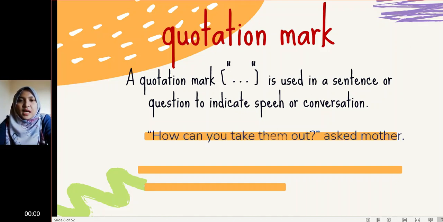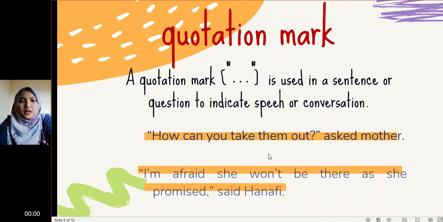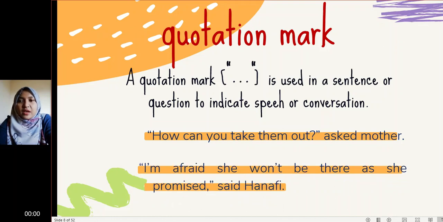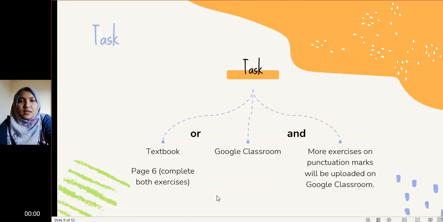For example: "How can you take them out?" asked Mother. This is a conversation between mother and someone. Another: "I'm afraid she won't be there as she promised," said Hanafi. This is also a conversation, or dialogue, so we have to use quotation marks.